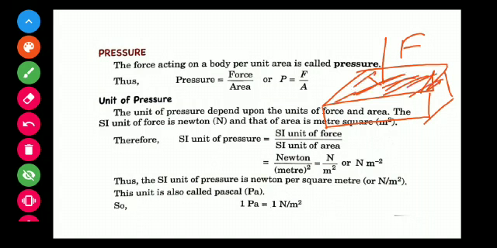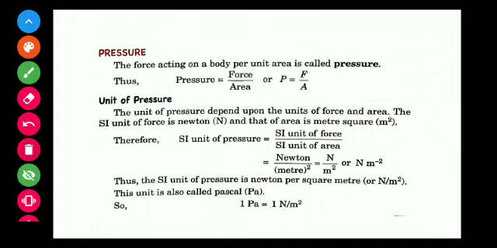So, what is the pressure? Pressure is equal to the ratio of this applied force divided by area. Pressure is equal to force upon area, and here pressure is inversely proportional to area.